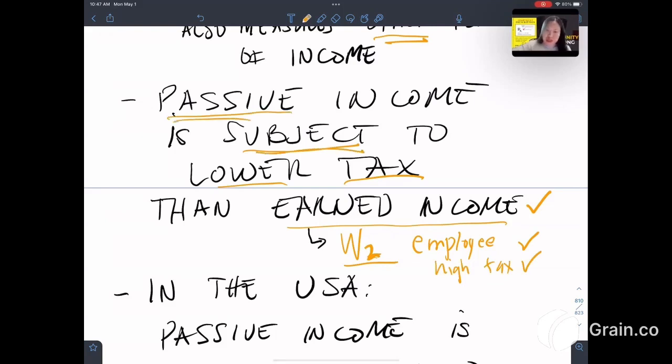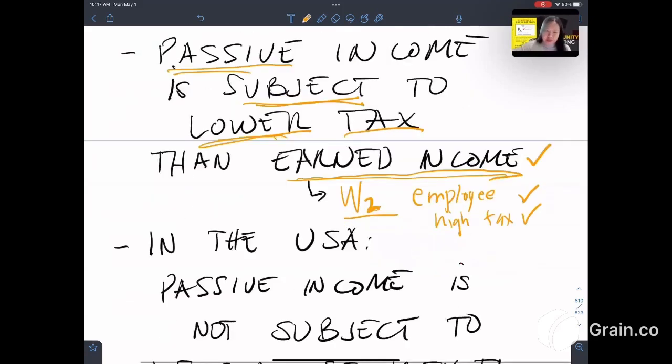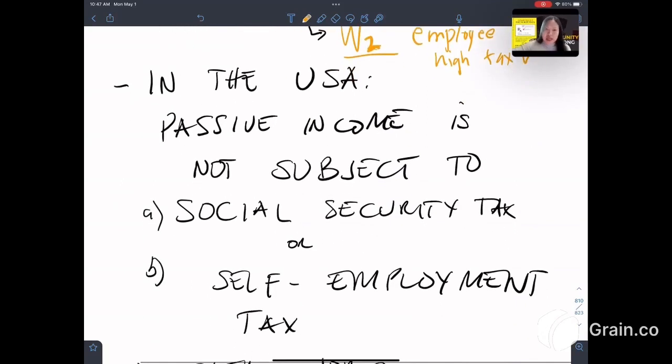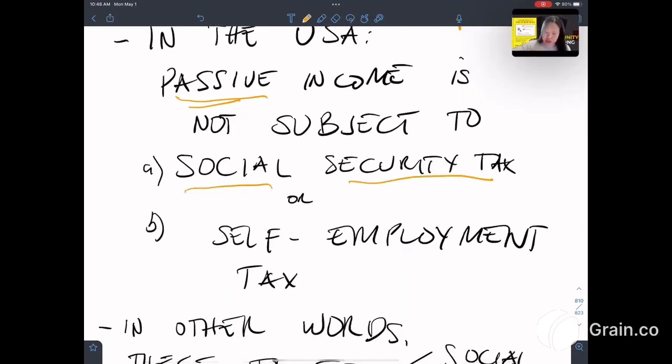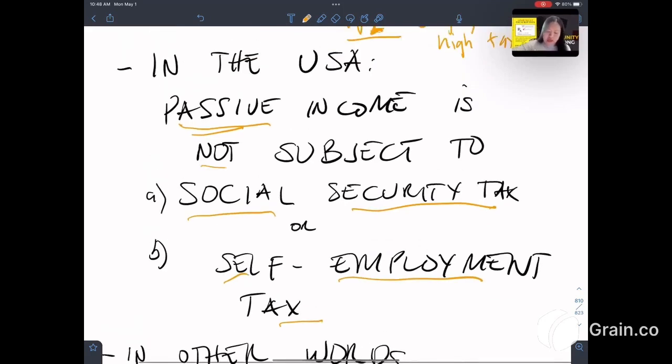Passive income is subject to a lower tax than the money we get when we earn the money working as an employee. Now in the USA, passive income is not subject to Social Security tax or self-employment tax. What does it mean by it is not subject to? So when we have passive income, the Social Security tax is not deducted, the self-employment tax is not deducted. So that means we have more money in our pocket.